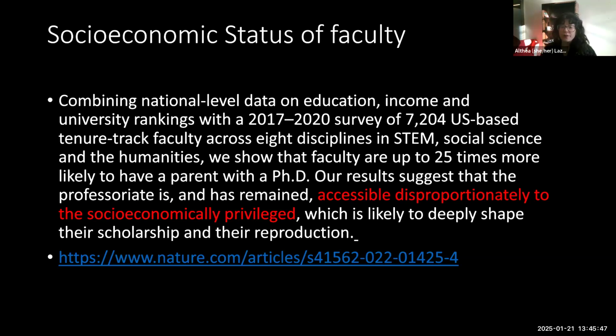We show that faculty are up to 25 times more likely to have a parent with a PhD. Our results suggest that the professoriate, that's who makes up the professors, is and has remained accessible disproportionately to the socioeconomically privileged. That means wealthier people, which is likely to deeply shape their scholarship and their reproduction.